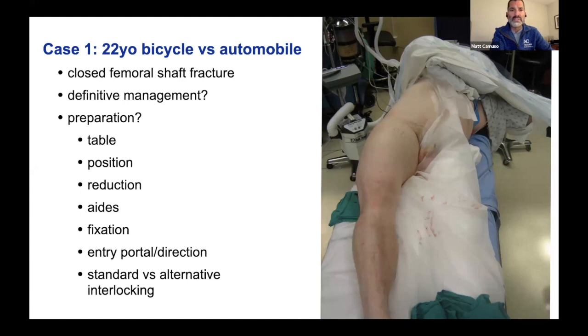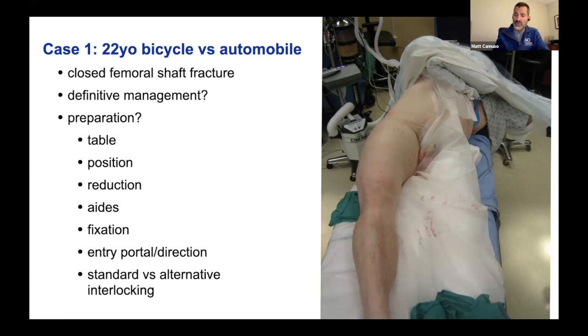They're in a bit of a scissors position. It's hard to tell here, but their buttock is a little bit off the edge of the table, while their chest and their lower extremities are on the table. So it's as if they're lying lateral with their buttock up to the side, but still supine. So their buttock is hanging out to the side a little bit better, presenting that starting point for the proximal femoral entry, whether it be piriformis or trochanteric entry.